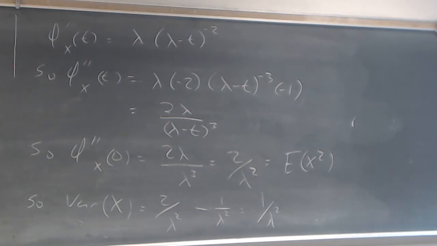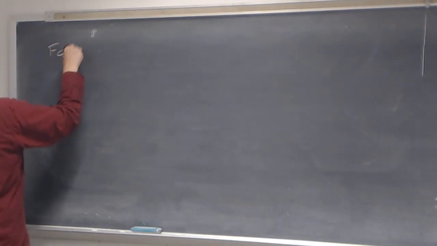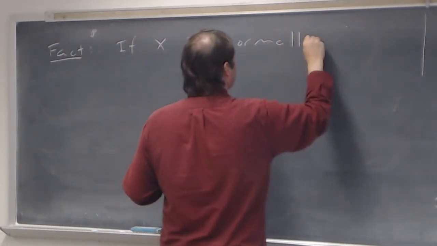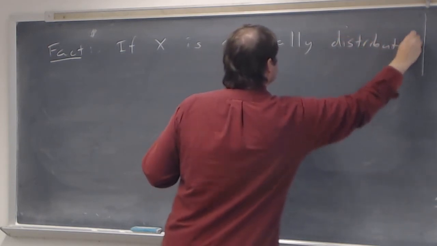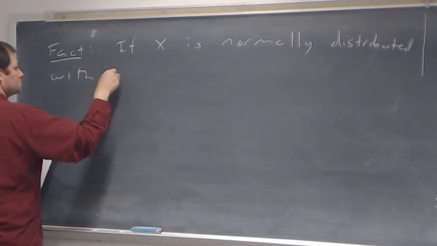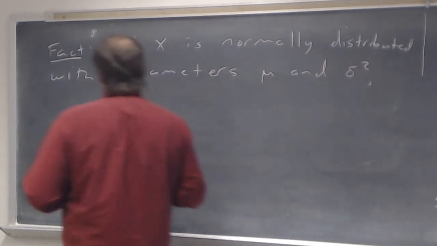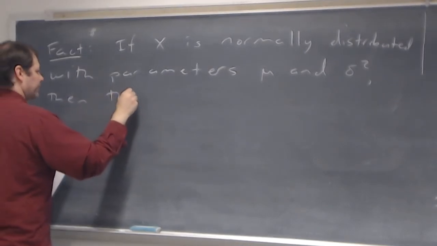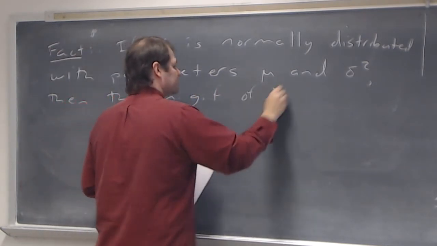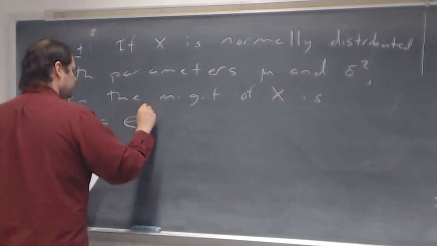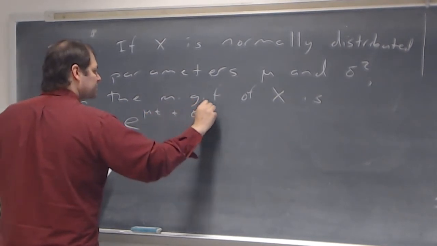So here's a fact. If x is normally distributed with parameters mu and sigma squared, then the moment generating function of x, phi sub x of t, is equal to e to the mu t plus sigma squared t squared over 2.